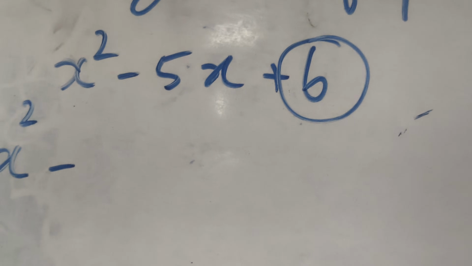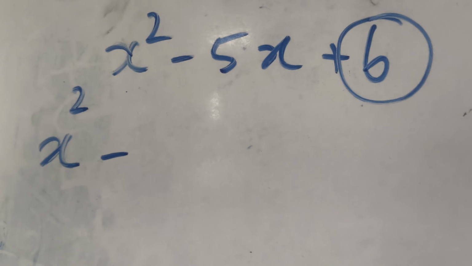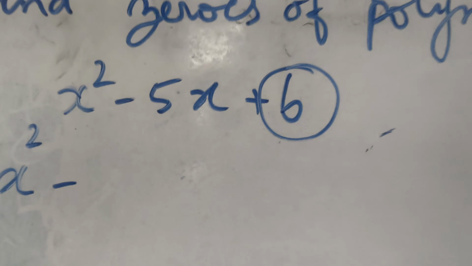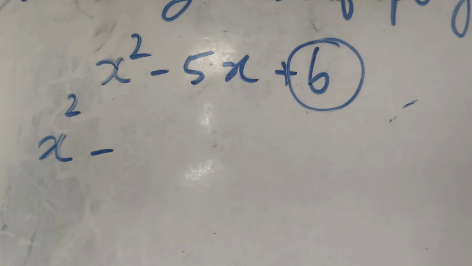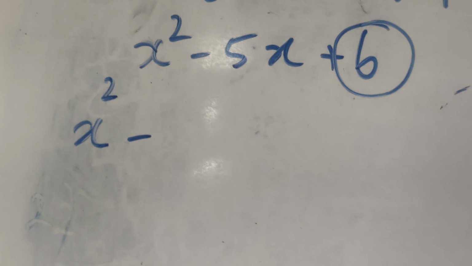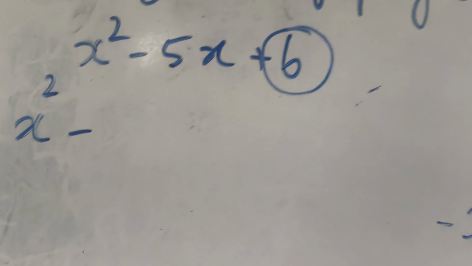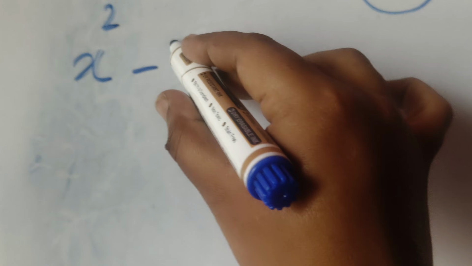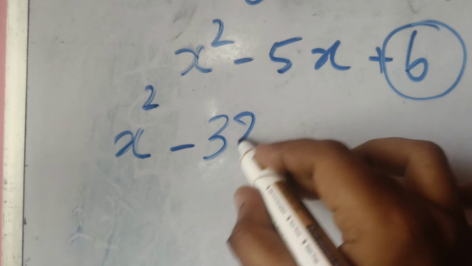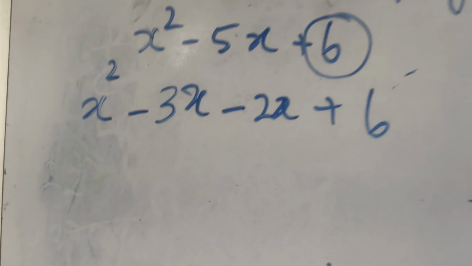If we divide the 6, 3 twos are 6, and we have to do some operation by which we get the middle term, which is minus 5. If I put minus 2 and minus 3, it becomes easy for us to evaluate. So we can split minus 5x as minus 3x and minus 2x, plus 6.